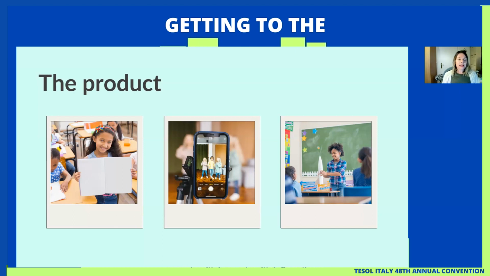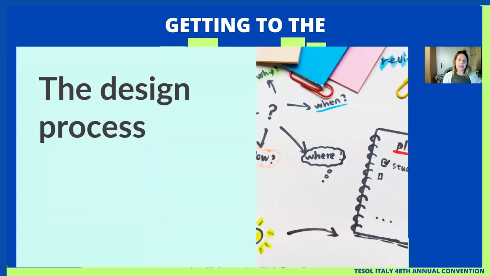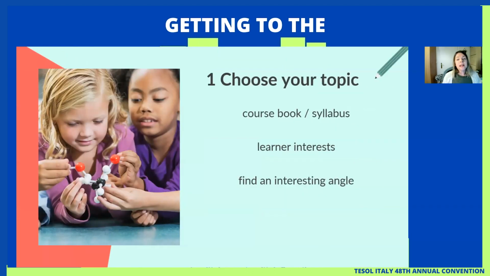So that is how I would do an inquiry. So let's look at the design process, a summary of how I go about it. The first thing that I do, or you will do if you want to design your own inquiry, is to choose your topic. How you choose will depend on how you work and your context.